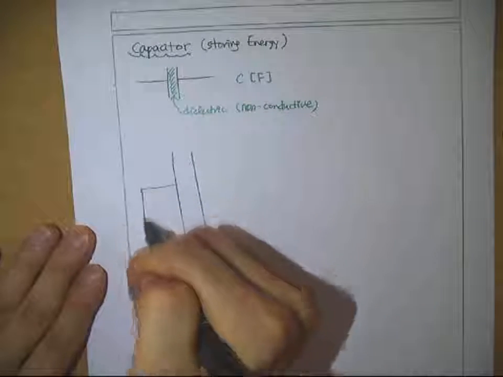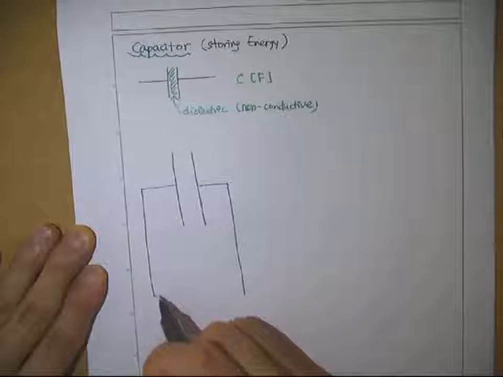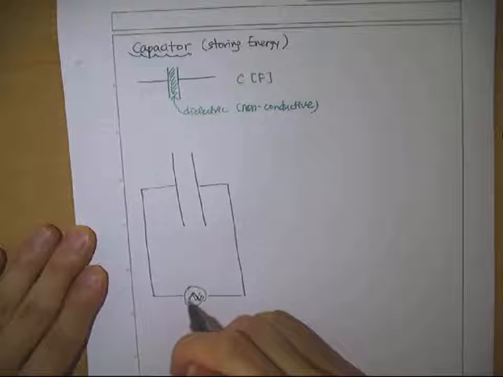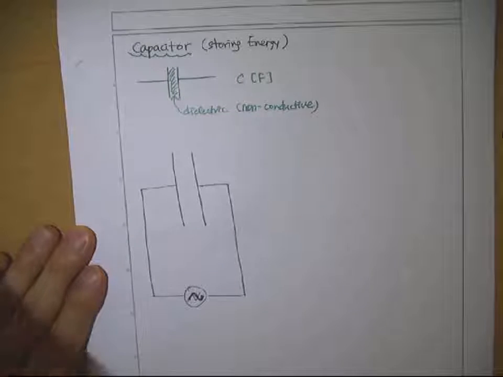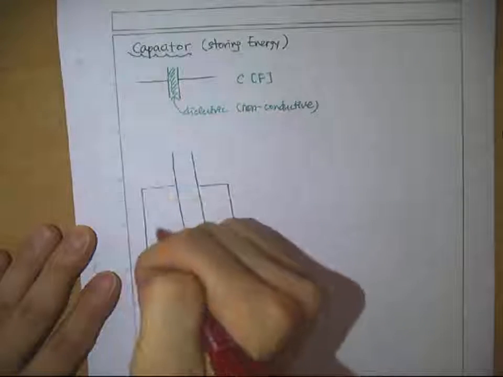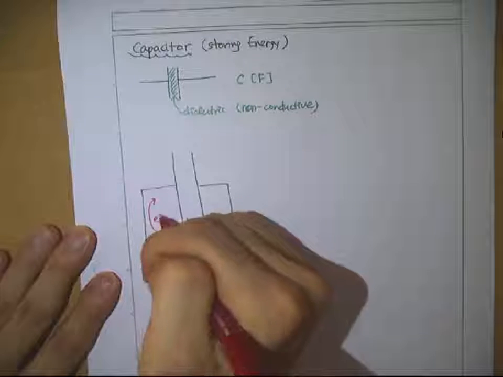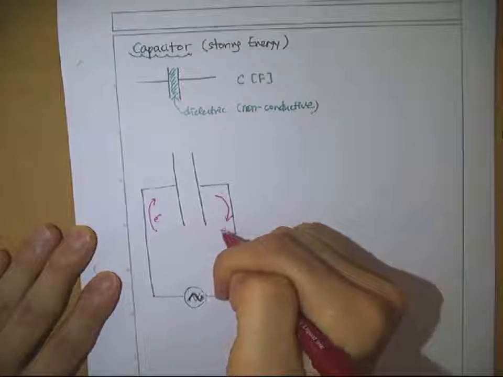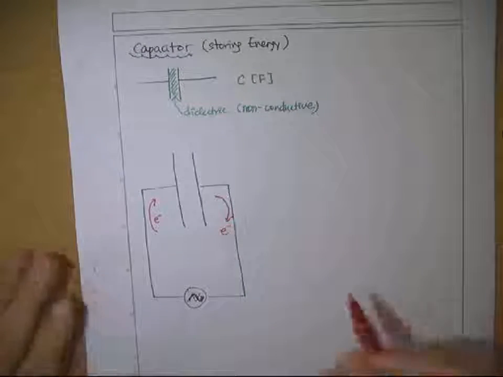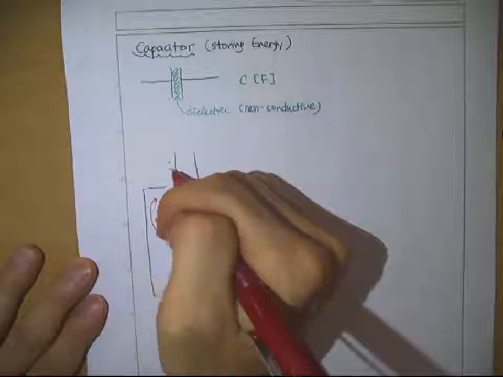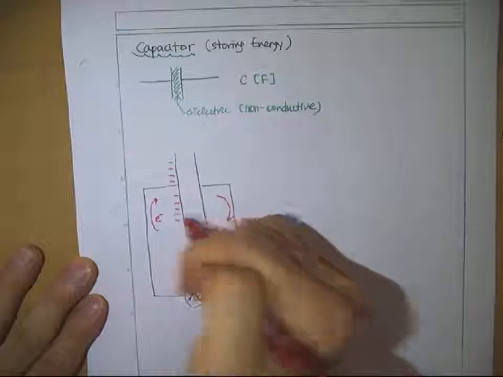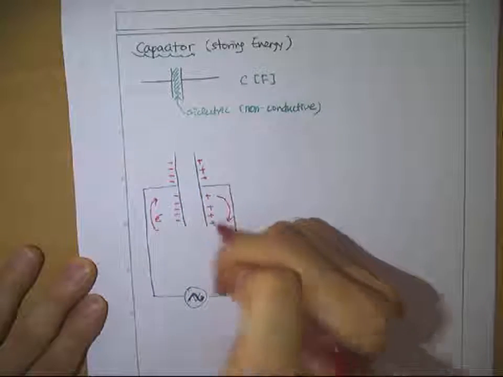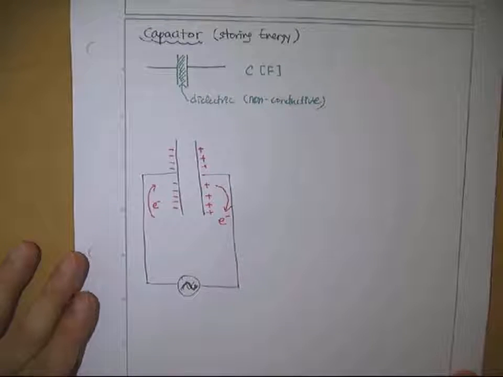And when you apply the voltage to here, then electrons go to here and in the other direction too. So then you have negative charge stored and also positive charge stored in this capacitor, right?